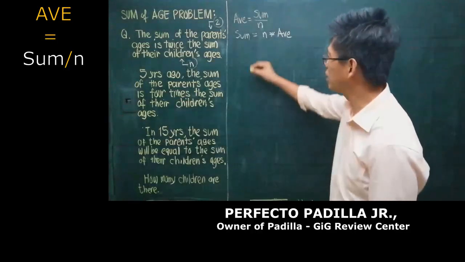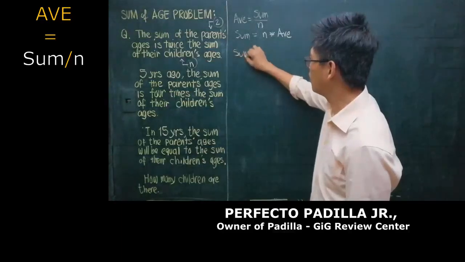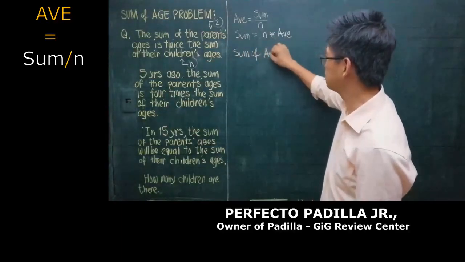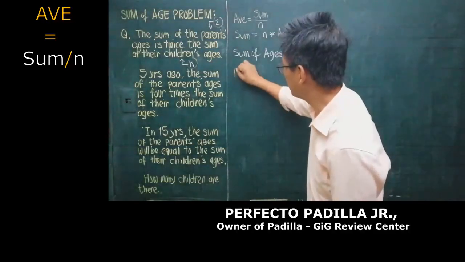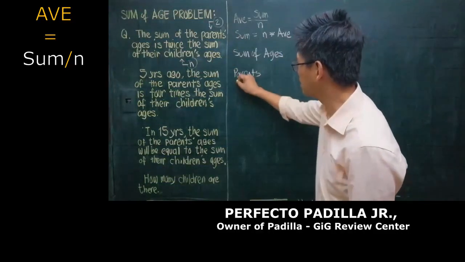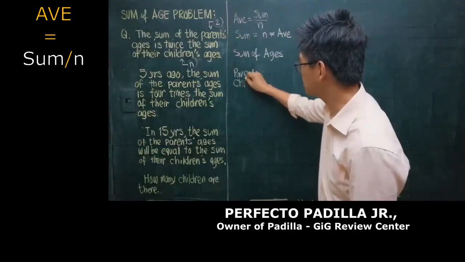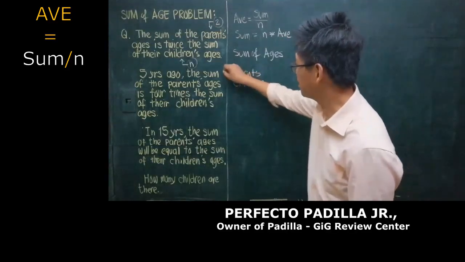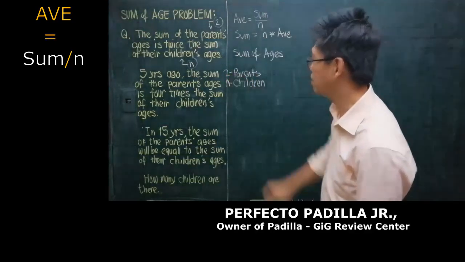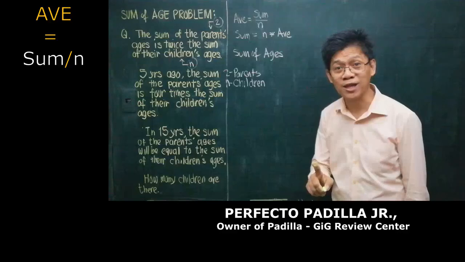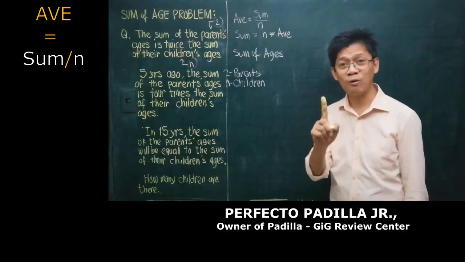Now, let me tabulate here the sum of ages. The sum of ages of parents and the sum of ages of their children. So let me specify here, 2 parents and children. 2 persons, 1 mother, 1 father.